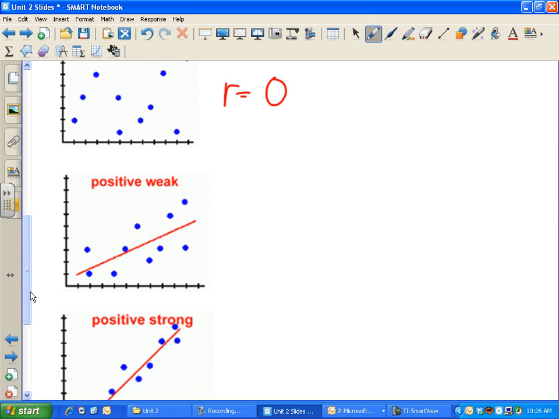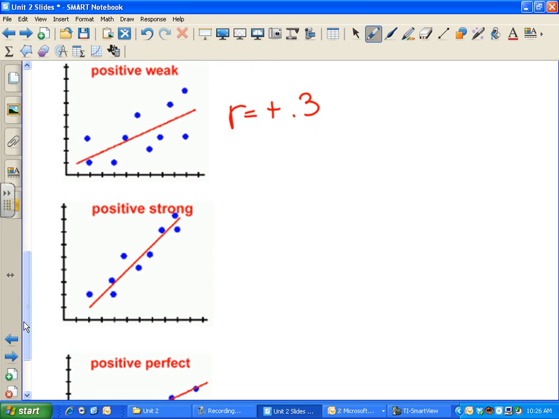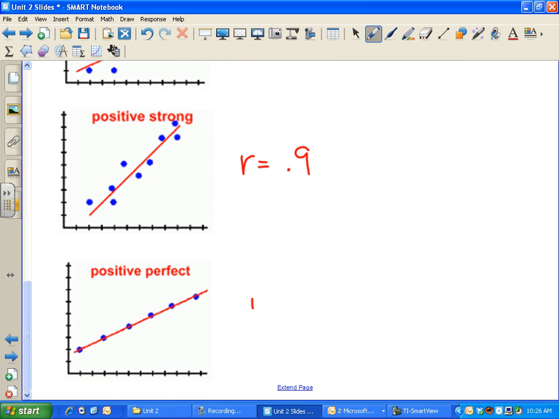And then we're going to come around the other direction. When it's positive, it's just a positive correlation. Again, weak might be something like 0.3. Strong, ooh, this one could be maybe 0.9. Getting really close. And again, when it's perfect, we give it a correlation of 1.